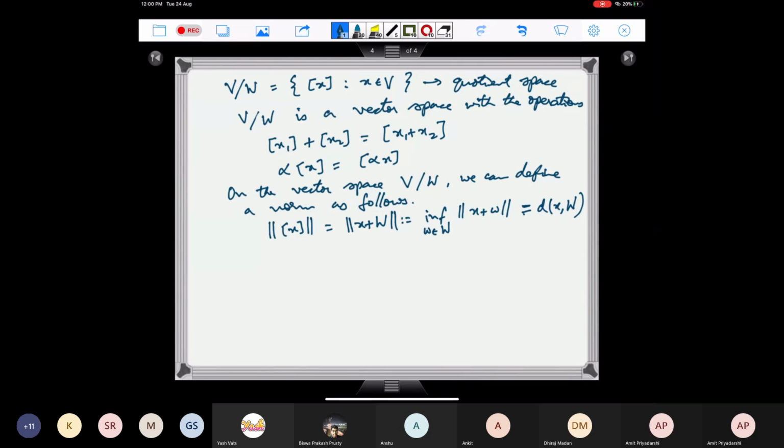So x need not be in W, so x plus W can be different from the zero vector. The zero vector is just W. But if I assume that W is a closed subspace, then this being equal to 0 will imply that the equivalence class of x is the zero vector.